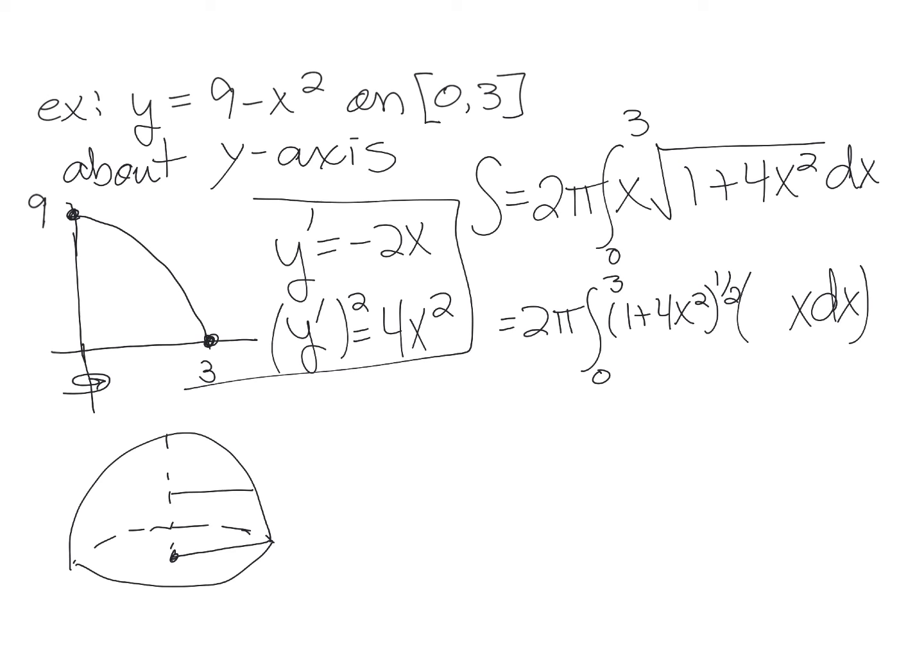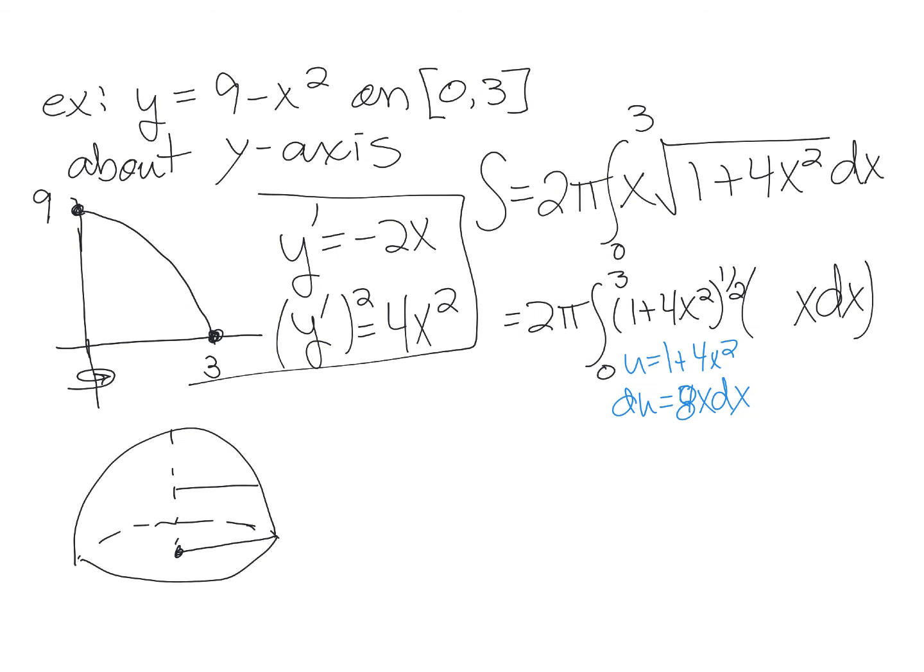But you see, if the inside is u, and we take the derivative of u, we get 8x dx. So in my problem, I have u to the 1/2, and I need the du, so I'm missing the 8.